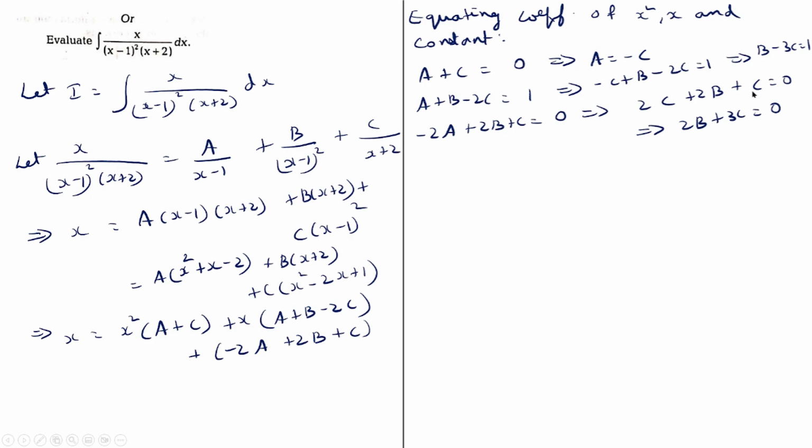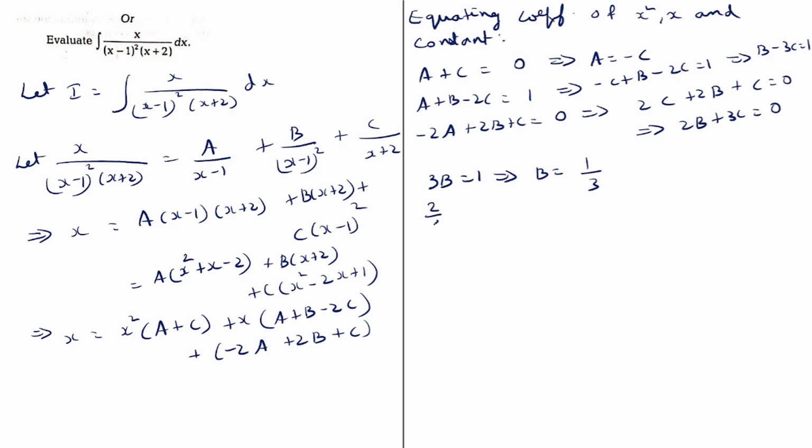So if we add these two equations, we will get 3b equal to 1, which implies b equal to 1 by 3. Now this b equal to 1 by 3 we can put in this equation.